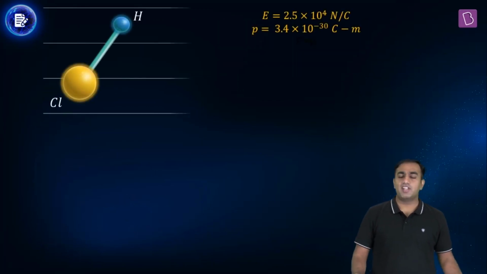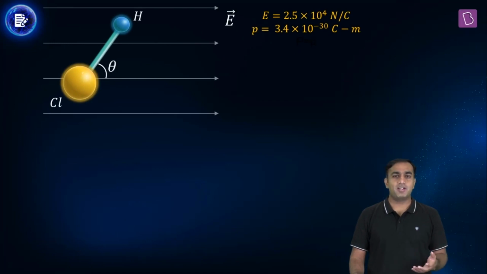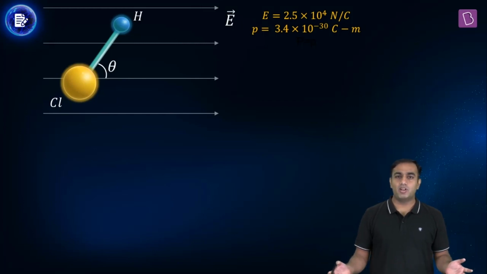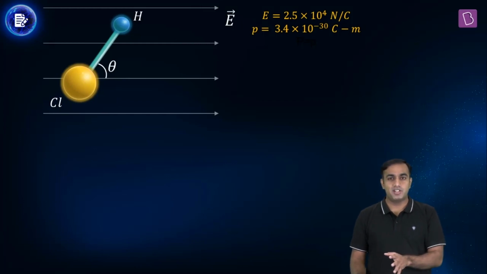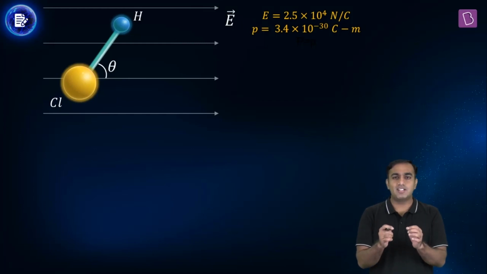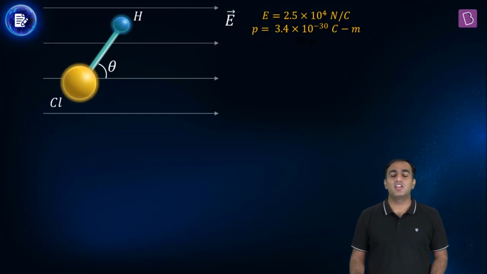Before proceeding with the calculation of the maximum torque acting on the dipole kept in a uniform electric field region, let's first understand what this electric dipole is all about and what is electric dipole moment. An electric dipole is a setup of two charges equal in magnitude, opposite in nature, and separated by a very small distance from each other. We associate a vector quantity with this electric dipole called dipole moment vector.